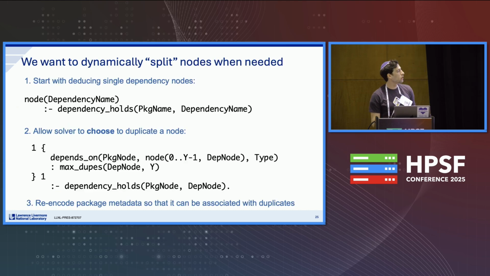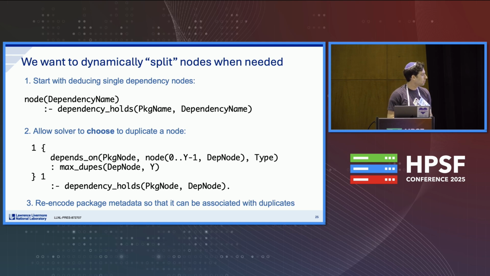So we went into the solver and we said we want to dynamically split these nodes as needed. This choice rule here says, okay, if you have a dependency and the dependency holds, you need to depend on something. And for each package, we're going to put in a maximum number of times that package can occur. And you can pick which duplicate of that package to use.